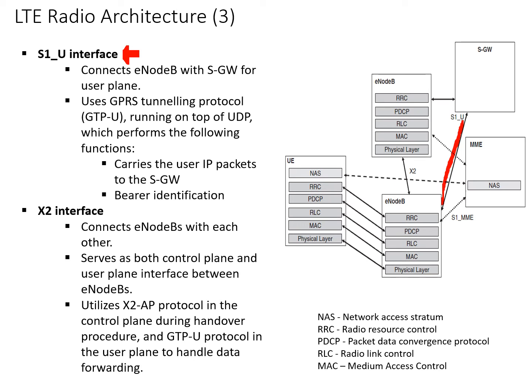This interface uses GPRS tunneling protocol running on top of UDP, which carries user IP packets to the serving gateway.